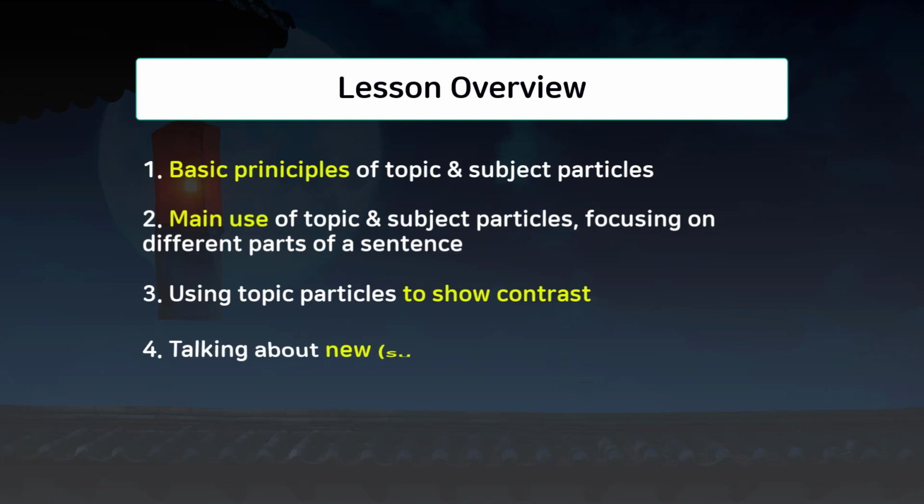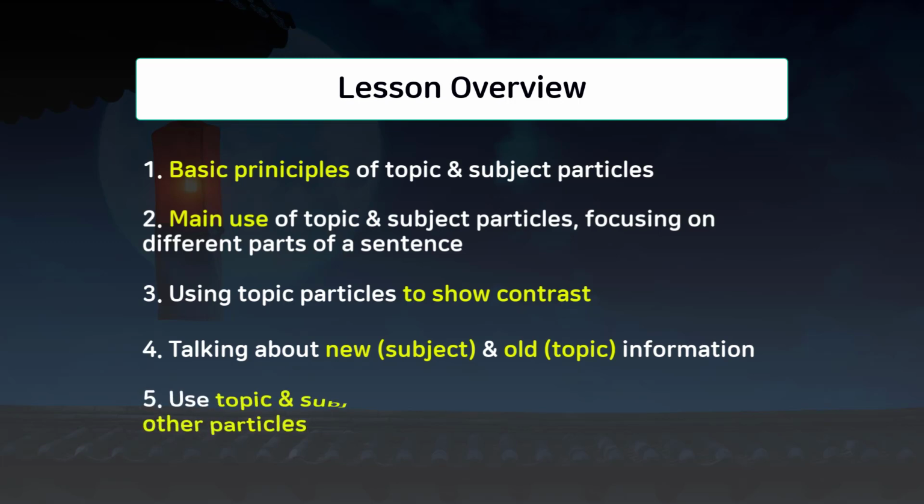Then we'll look at how we use these particles to introduce new information and to talk about old information. Lastly, we'll also look at how we use both topic and subject particles together in a sentence, and how these particles are used together with other particles. Okay, so we have a lot to get through, so let's begin with the basic principles of topic and subject particles.